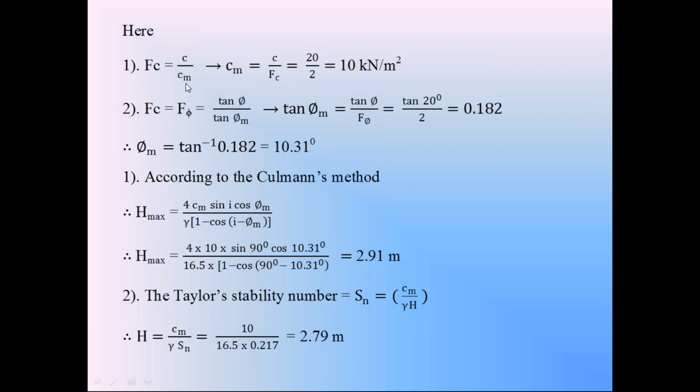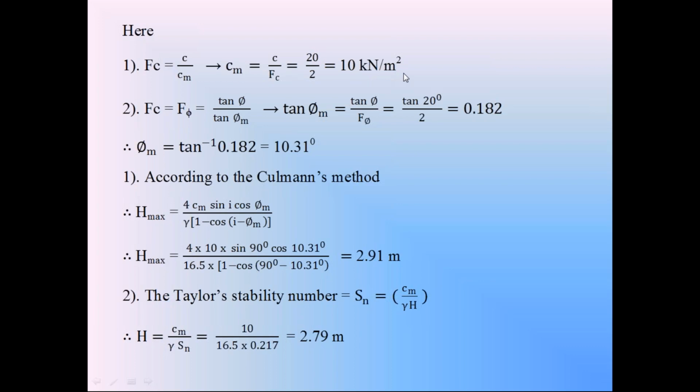In this problem, they gave Fc 2 and C 20. So from this equation, the mobilized cohesion Cm is equal to C by Fc. You know C is 20 and Fc is 2, so Cm is 20 by 2, 10 kilonewton per meter square.